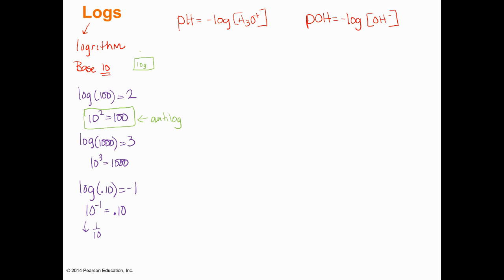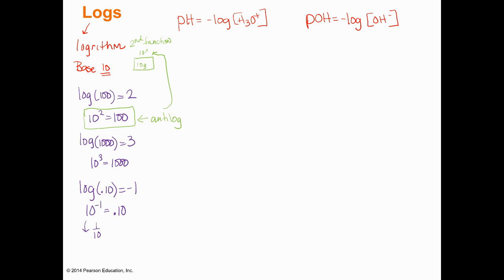It'll show a log key, and then there'll be a 10 to the x key. That's your anti-log key, and that's a second function key. That's going to be the case on 99% of calculators. If you have any questions on how to use your calculators, please come see me before class or stay after class to ask. So a logarithm is base 10, and the log of 100 equals 2 because 10 to the 2 equals 100.